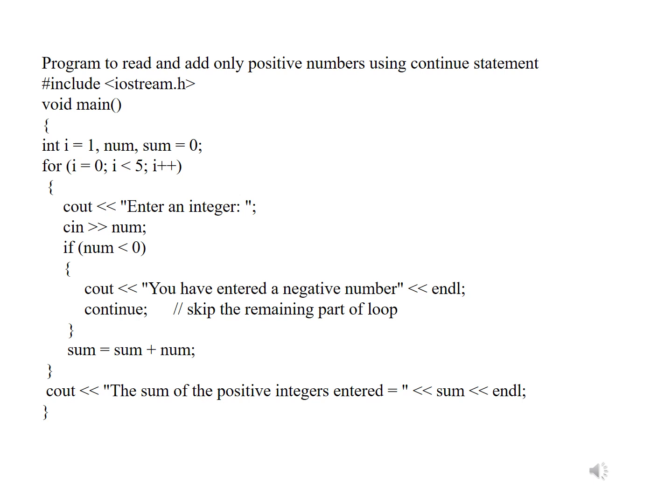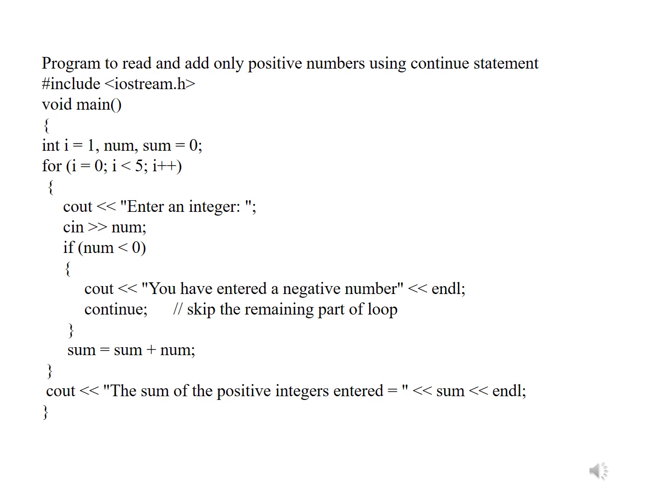Then for i equal to 0, i less than 5, i plus plus, open bracket, cout enter an integer, cin num. If num is less than 0, open bracket, cout you have entered a negative number, continue.